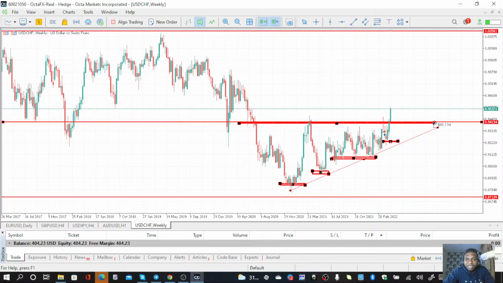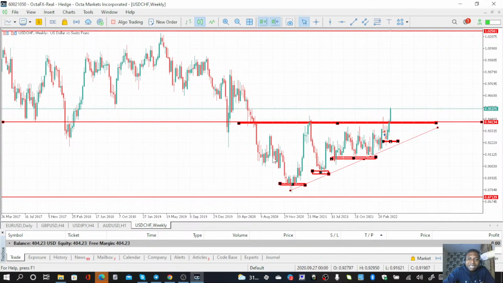You can see that bullish momentum coming in: market closing above the previous close, market closing above the previous close, market closing above the previous close, and finally a breakout from this key resistance level.